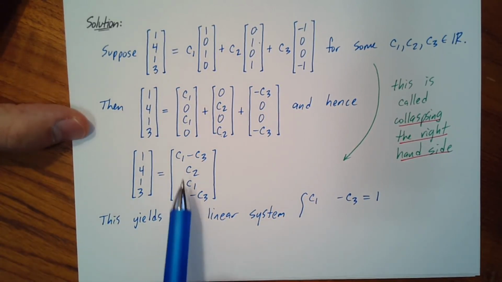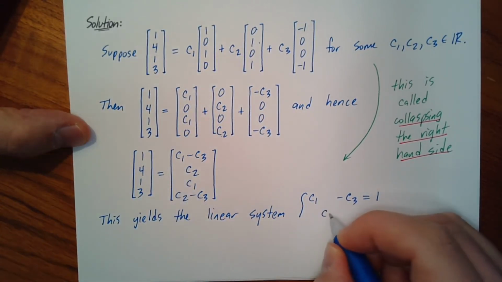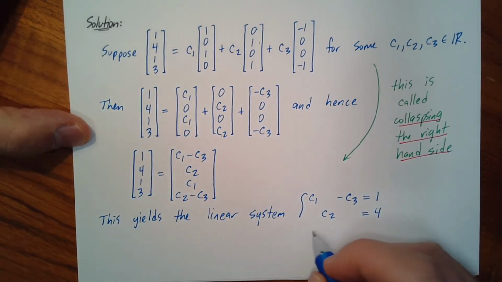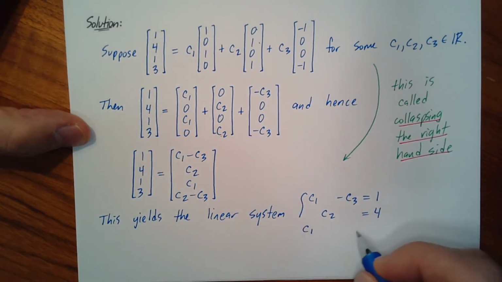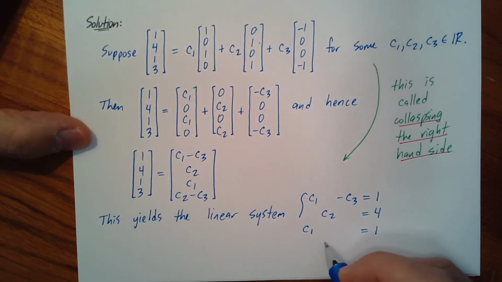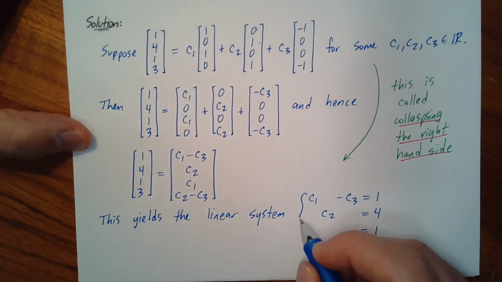The second equation says that C2 is equal to 4. The third equation says that C1 is equal to 1. And then the fourth equation says that C2 minus C3 is equal to 3.